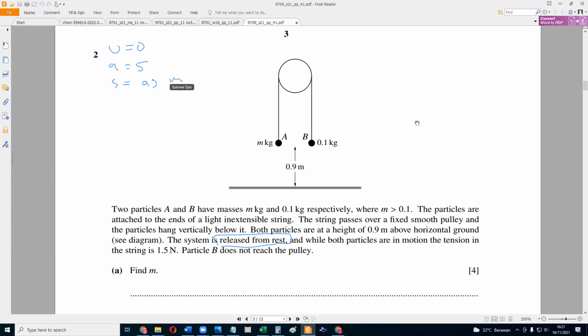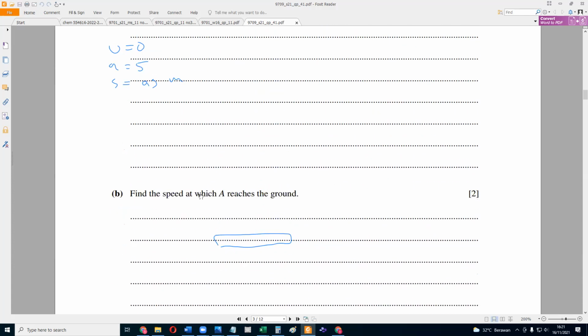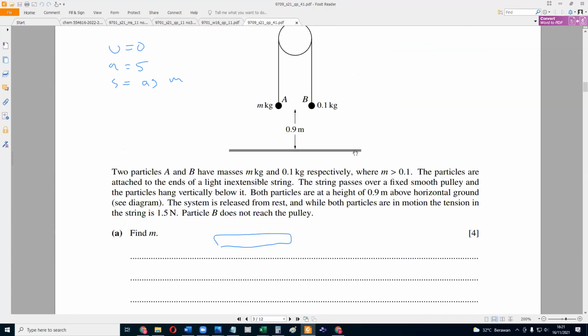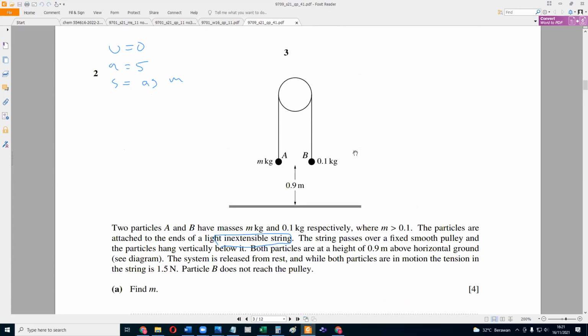What is asked here is the speed at which A reaches the ground, which is going to be the V. What is missing here? What's missing is T. So among the 5 equations of motion, find the equation without T. Is it V squared equals U squared plus 2AS?